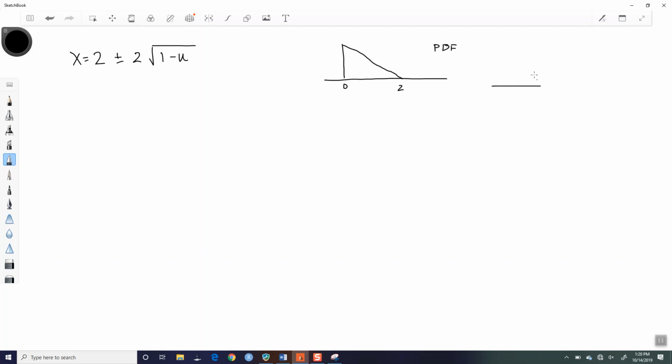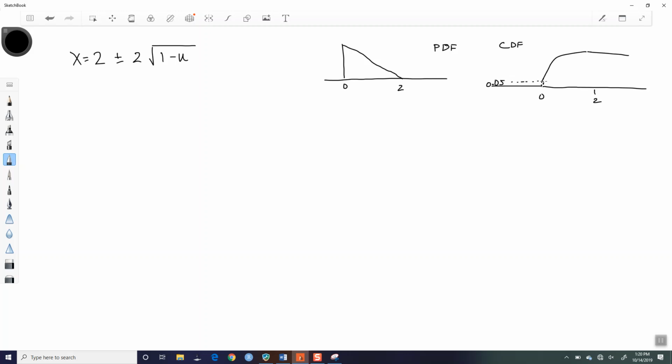And then we've got something like this for our CDF, okay? From 0 to 2 or something, okay? I mean, the exact shape of this doesn't really matter, okay? And what we want is basically, if I plug in something close to 0, like 0.05, okay?